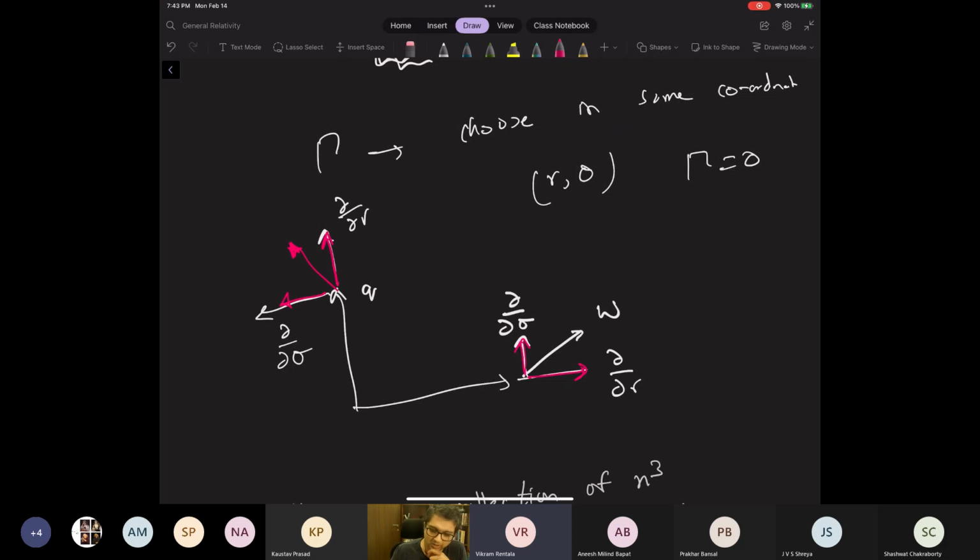Now clearly this vector is not, in the usual sense, parallel to this vector. But by choosing this rule, you've defined a notion of parallel transport. In fact, this notion of parallel transport is basically saying I will rotate this vector w as I rotate my coordinate axis.